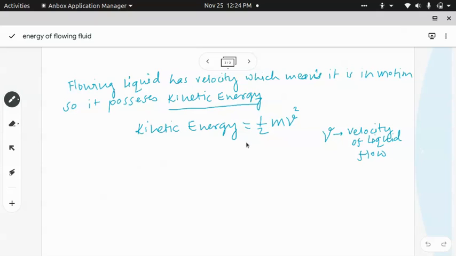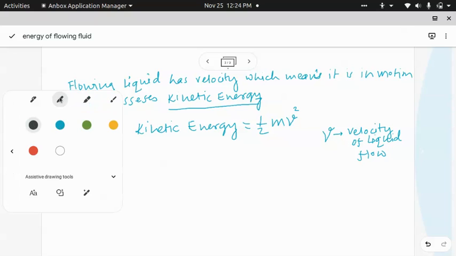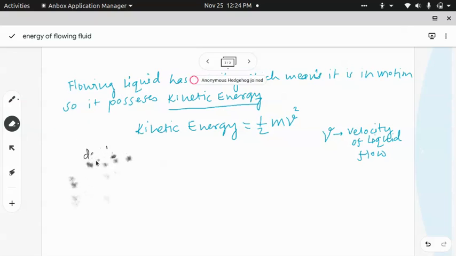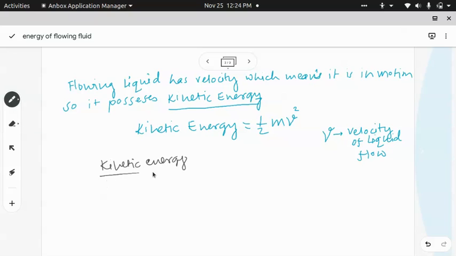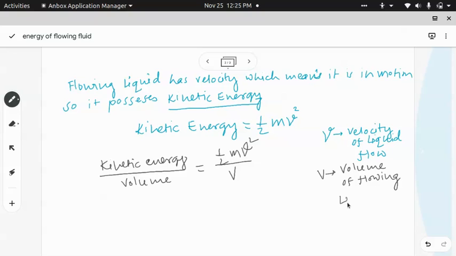If you divide this kinetic energy by volume, I will directly write kinetic energy per unit volume will be equal to 1 half m v square divided by this V. Now this V indicates the volume of a flowing liquid.